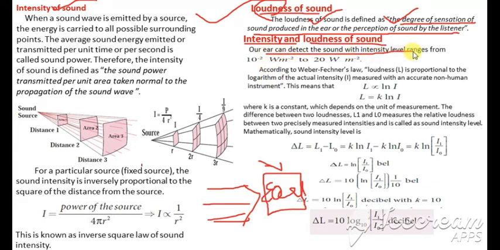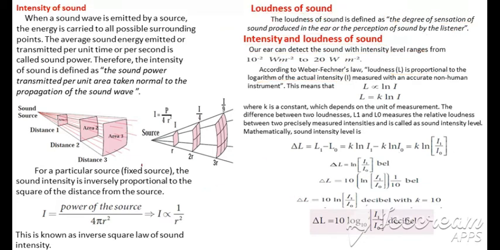Our ear can detect a range, என்ன ரேஞ்சில் கேட்க முடியும்னா 10 power minus 2 to 20 அளவுக்கு கேட்க முடியும். So according to Weber-Fechner's law, loudness is proportional to the logarithm of intensity. Okay, so loudness L is proportional to the logarithm, ln, of intensity.